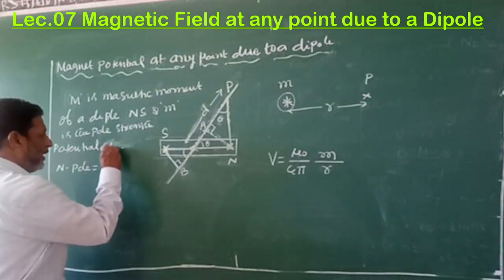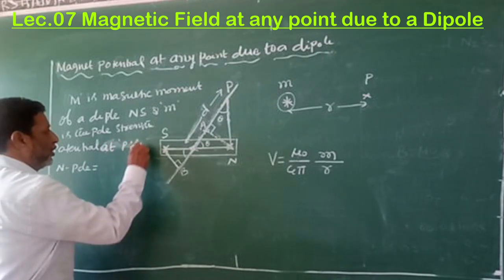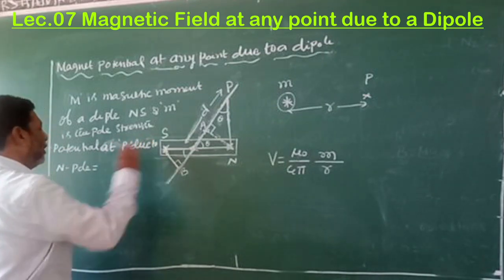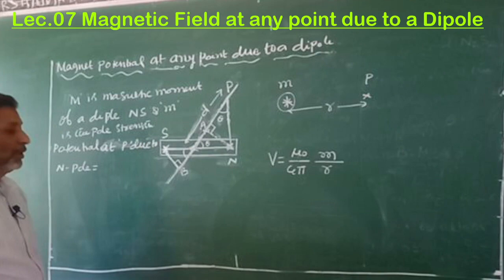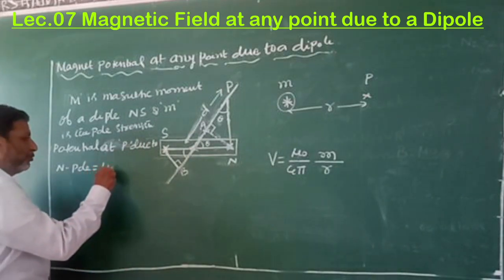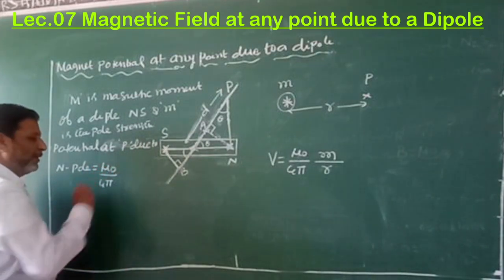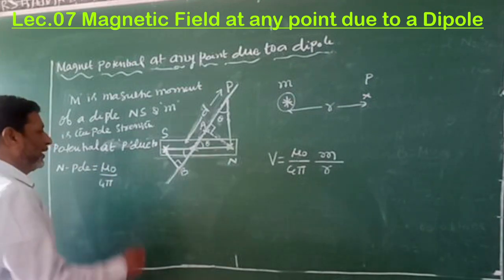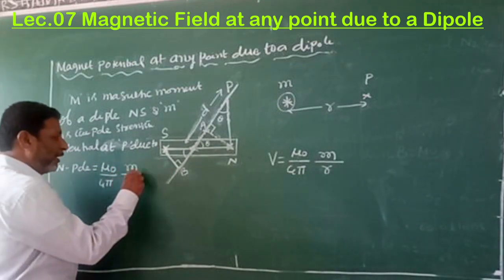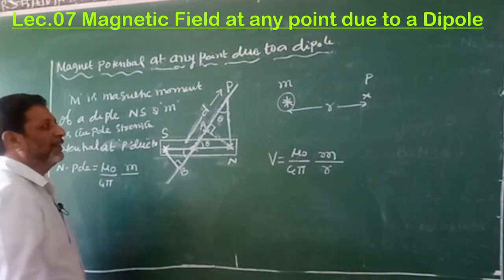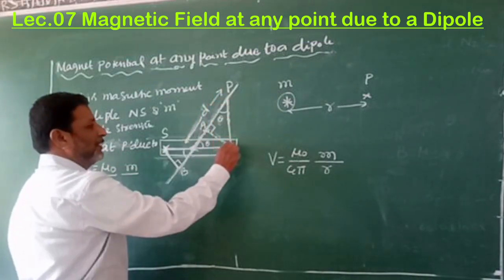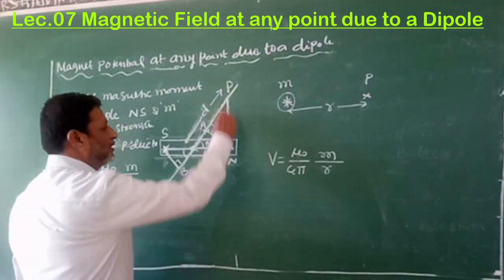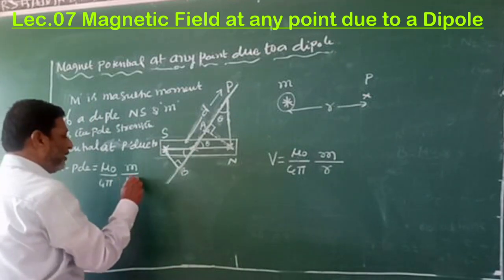Now here, let us write clearly, the potential at P due to the north pole is equal to, the general formula is mu naught divided by 4 pi, m divided by the distance, which I will write here as NP.